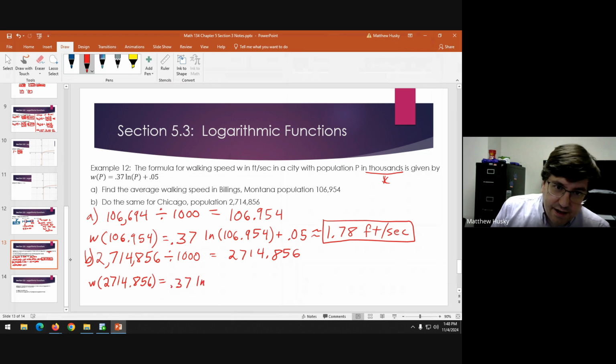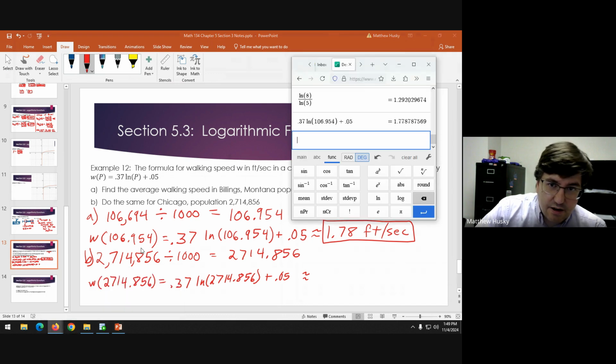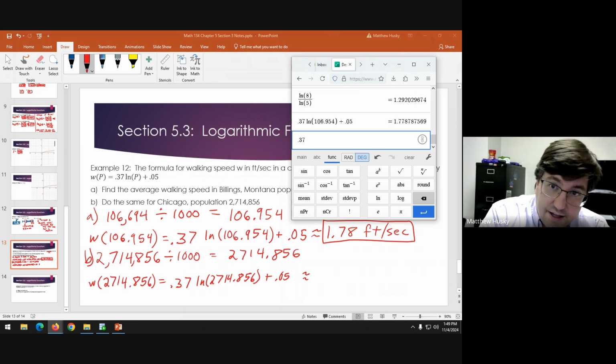0.37 ln of 2714.856. I'm going to add to that 0.05, and we can see what that will be. Get our trusty calculator here. 0.37 ln parentheses 2714.856.